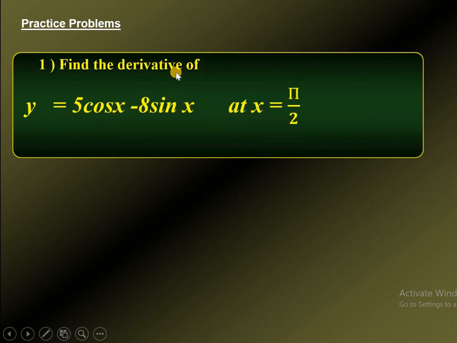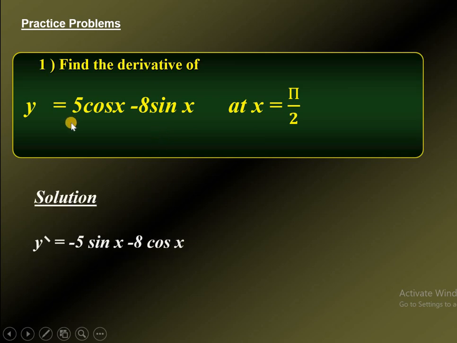Another problem, find the derivative of y equals 5 cosine x minus 8 sine x at x equals pi over 2. As in the last slide, I'm going to evaluate the derivative of each term alone, and after the derivative, I'm going to replace the x by pi over 2.